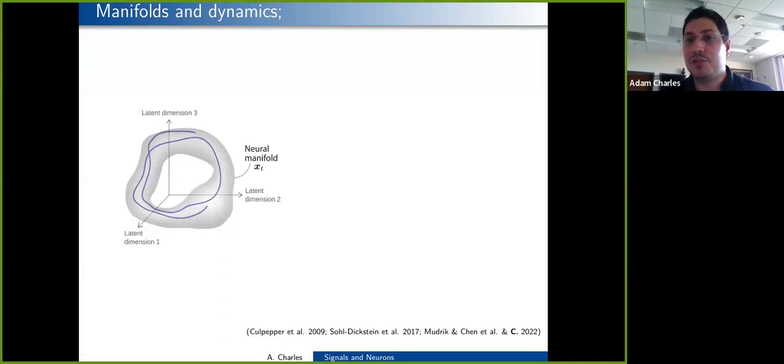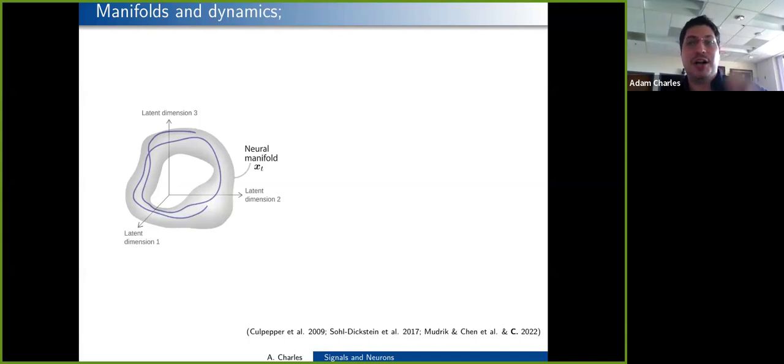The other, which I think is becoming more established over time, is that there's this neural manifold. The activity of data is defined by, hey, let's string up the activity of all our neurons in our population into a state vector, where element 1 is neuron 1, element 2 is neuron 2. That does not take up the entirety of the space.